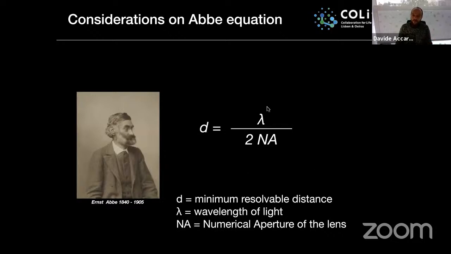But what you might not have considered so far is that when you image a sample, you don't look at your sample. First of all, remember that the image of a point is not a point, but a diffraction pattern.